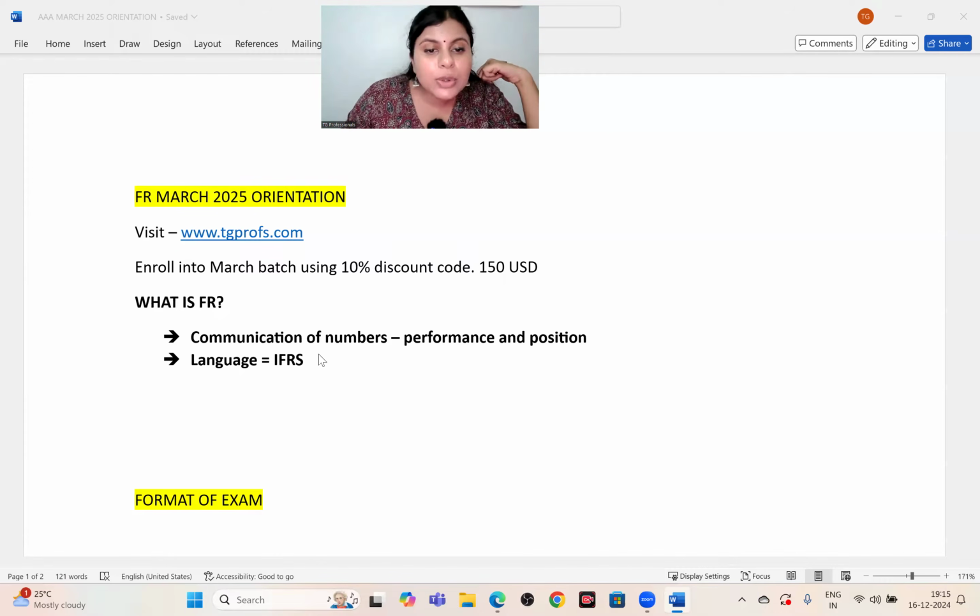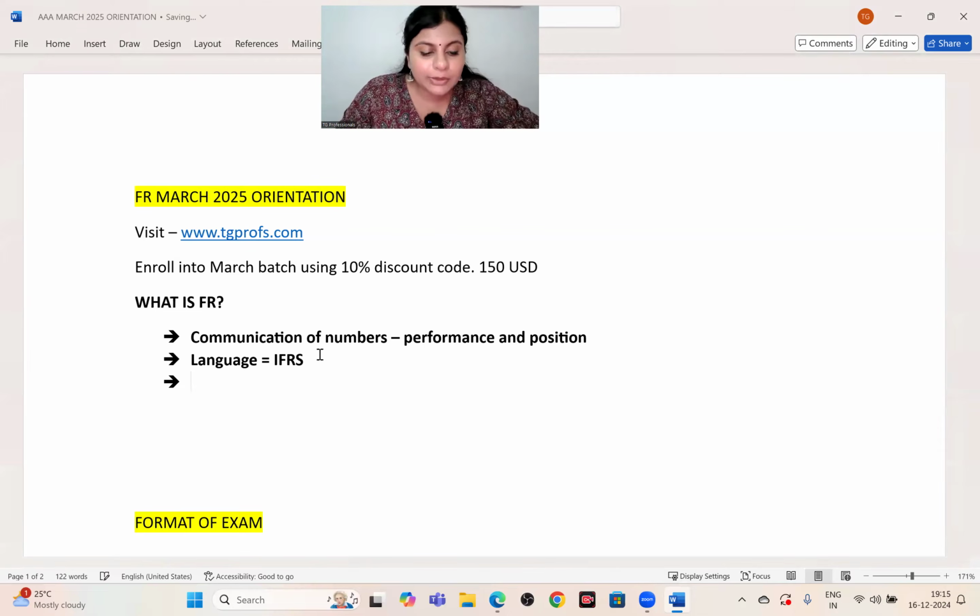So in class 11th also, I was communicating numbers, but that was without language. That was without any prerequisite knowledge of what is IFRSs. There were no standards back then. So I was charging depreciation, that was normal depreciation. There was not a standard dealing with depreciation. So if I was saying that this is how P&L is made, there was no standard telling me how P&L is made.